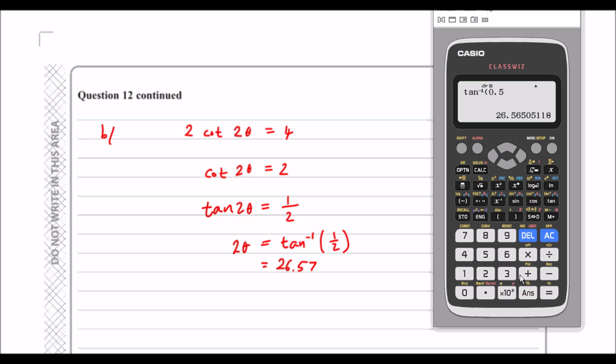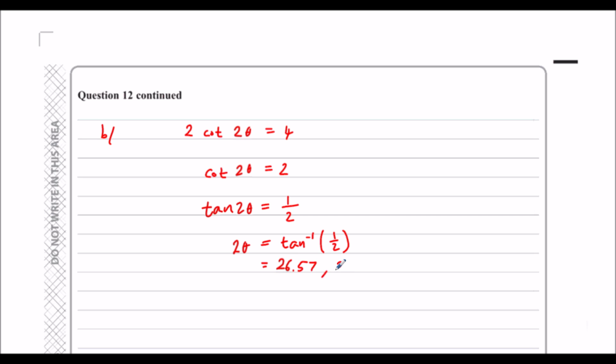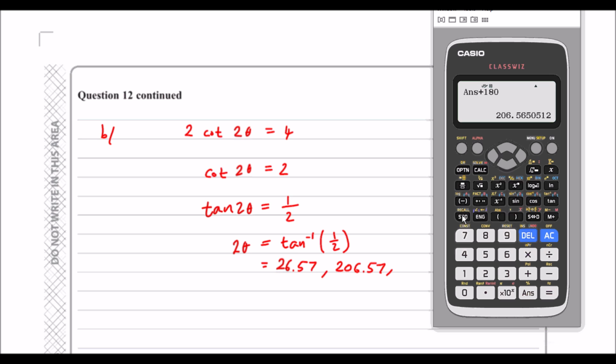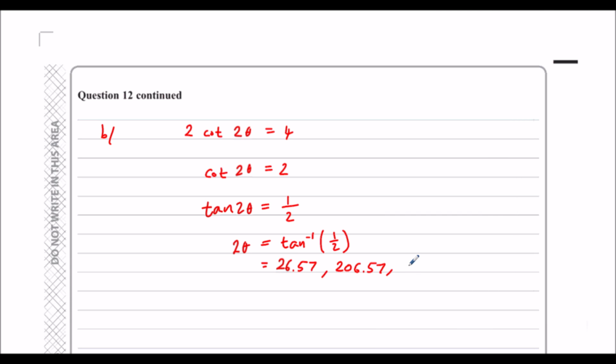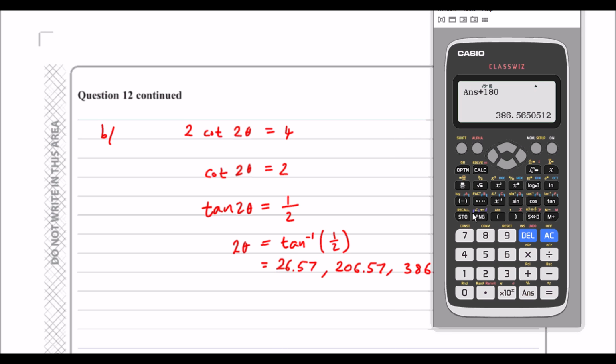And to find the next answer, we're going to keep adding 180 degrees. So plus 180, 206.57. That's going to be one of our answers when we halve it. I'm going to store it as A. I'm going to add 180 again, 386.57, and I'll store that as B. Do we need any more?